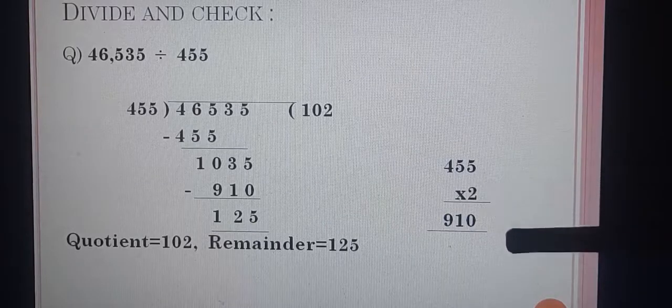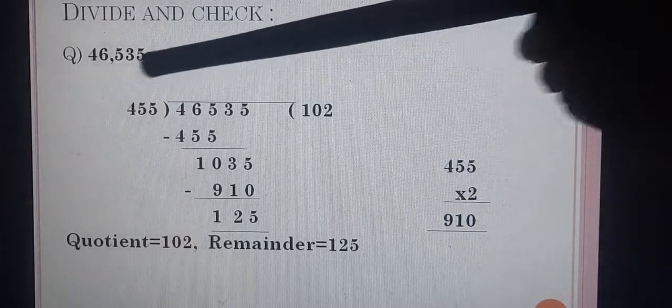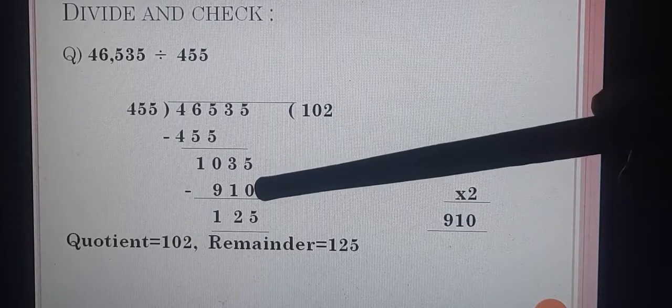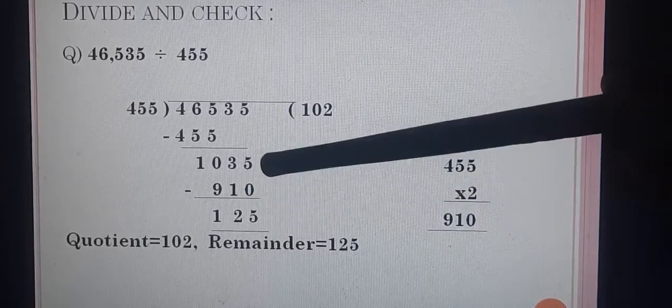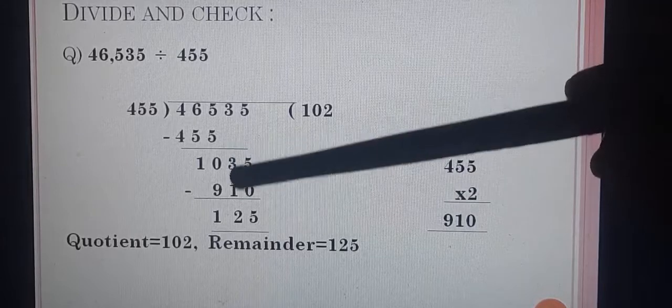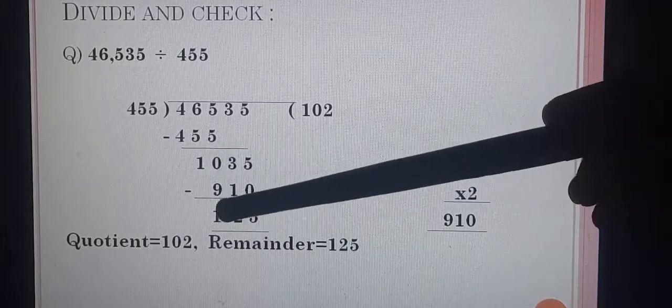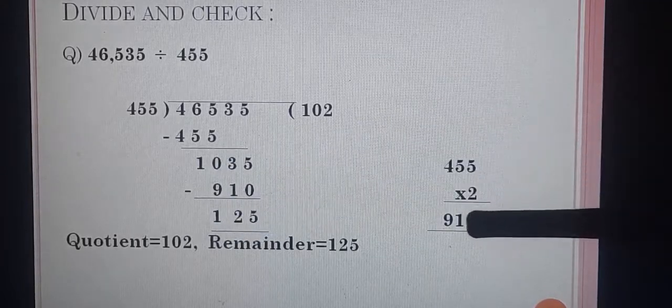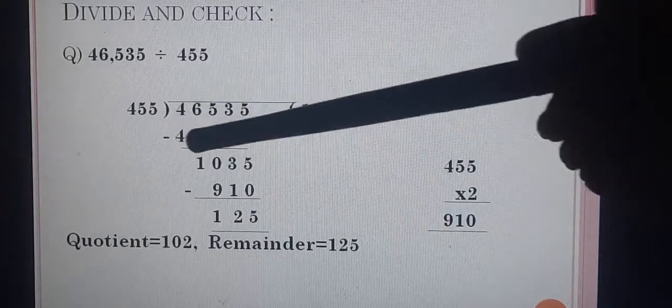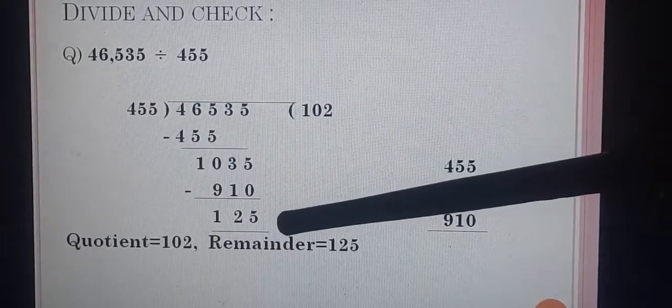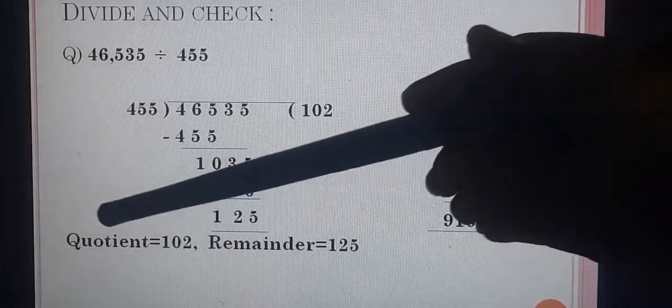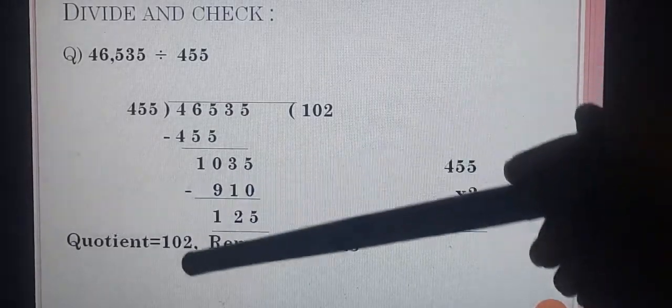455 2s are 910. So we will write down 455 2s are 910. Now subtract 5 minus 0 5, 3 minus 1 2, 10 minus 9 1. Right? We have taken all the digits. So division is stopped here. Quotient is 102.